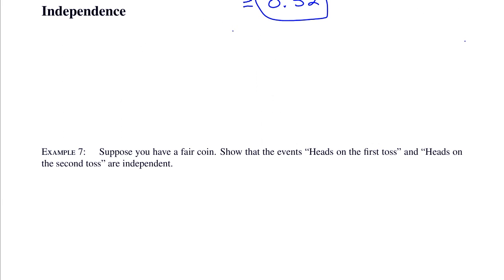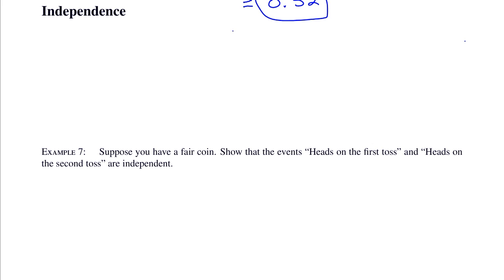So we say that 2 events are independent if their outcomes do not rely on each other. Okay? So basically, the events are either dependent or independent. We consider these two events, and if they influence each other, then they are dependent on each other.